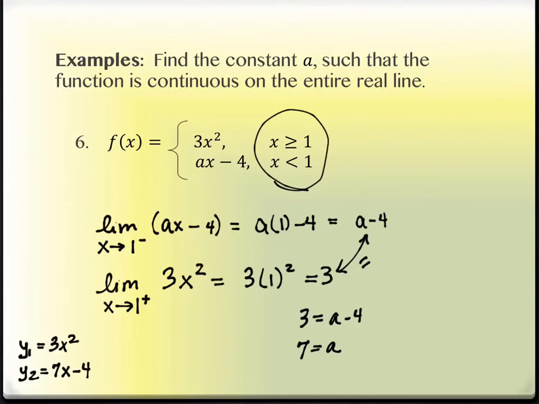It's going to look like one of them is a parabola and one of them is a line. That's fine, but we're concerned with what happens as we piece it together from the left to the right. If you put it in a standard window, ZoomStandard, you'll see the basic graph.